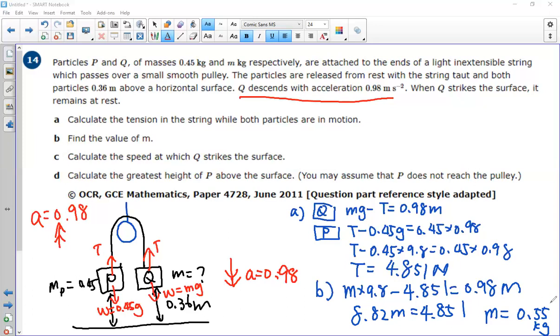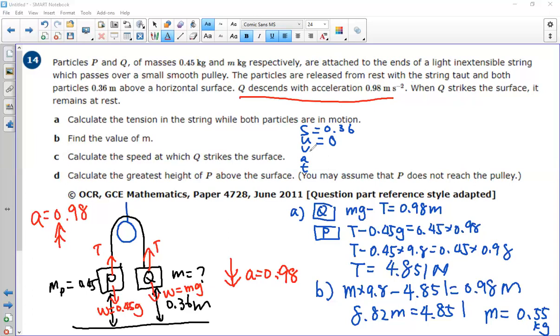Okay. Now, part C, calculate the speed at which Q strikes the surface. So that's when you have to use your SUVAT equations. S is distance traveled, which is 0.36. U, remember at the beginning, they were not moving, so U is 0.